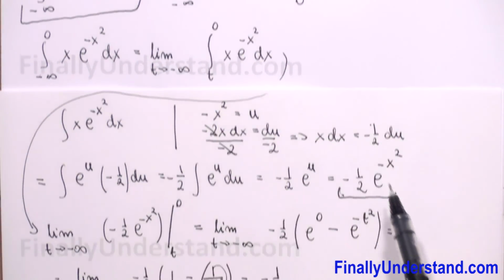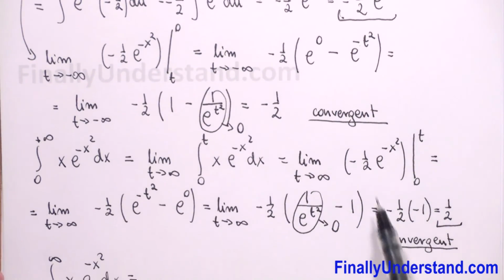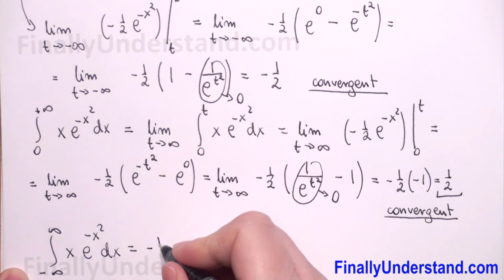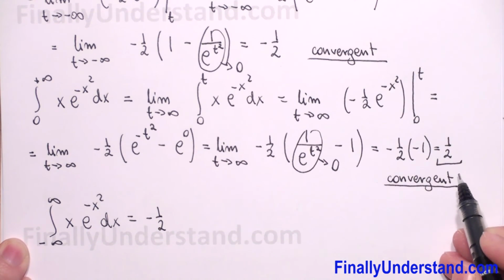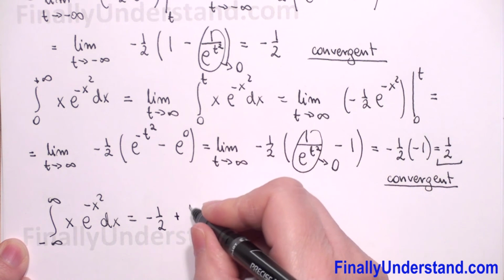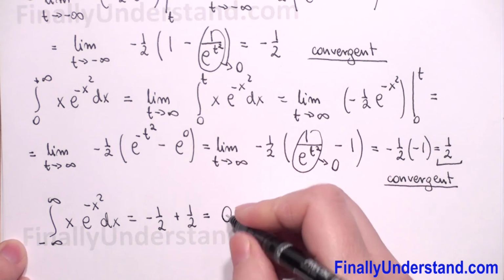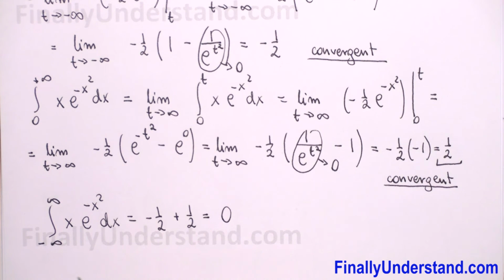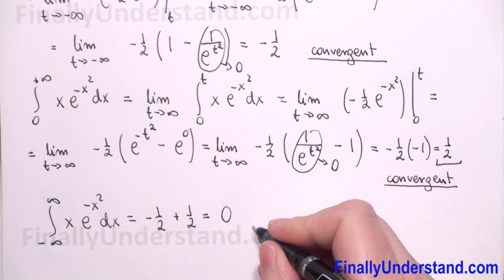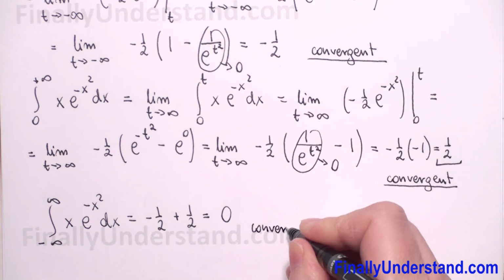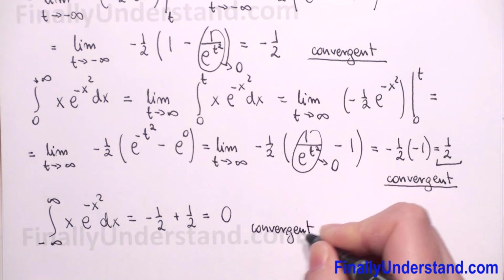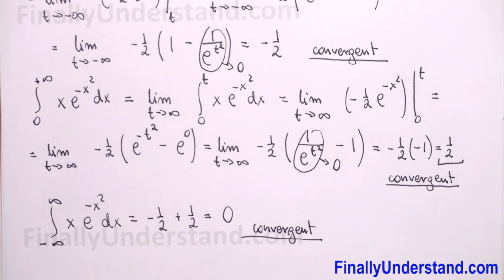So now we just replace them with the values. We had negative 1/2 and we got positive 1/2. So we have plus 1/2. This is equal to 0. So we got that our original integral is convergent because we got a finite number. This is my solution.